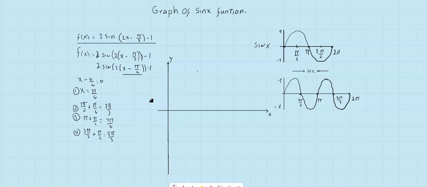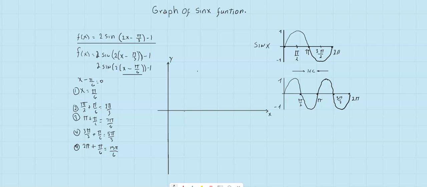And then my last one is going to be 2 pi plus pi over 6, which gives me 13 pi over 6. So those are my zeros.